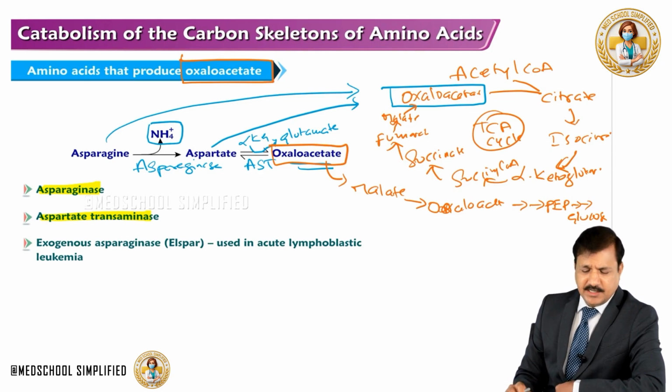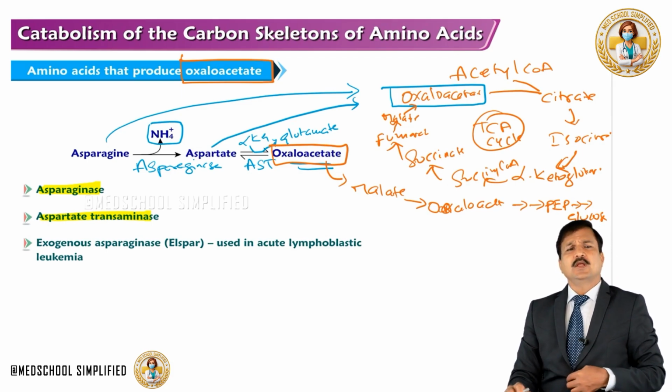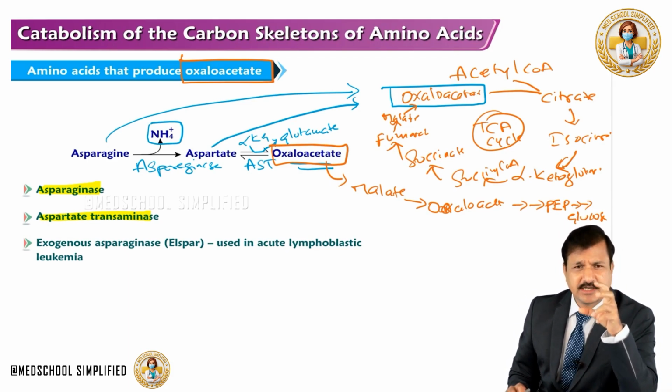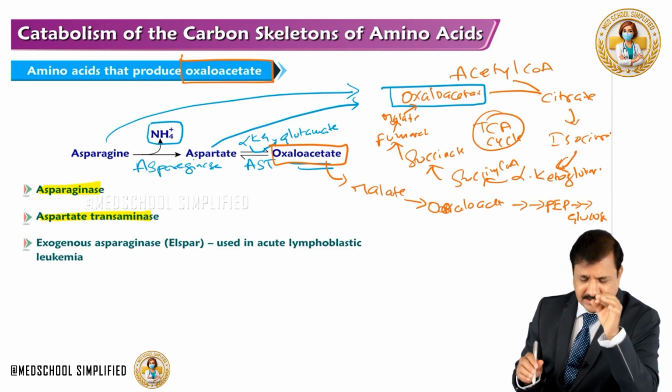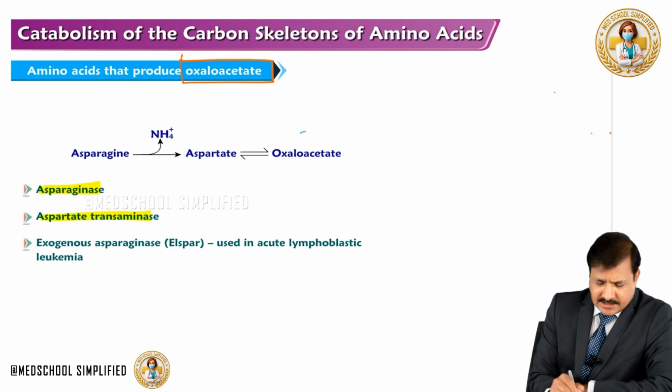Now, one of the applications here is the clinical application of the asparaginase enzyme. Asparagine is synthesized in our cells because it's a non-essential amino acid. The synthesis of asparagine from aspartate is done by the asparagine synthetase enzyme.